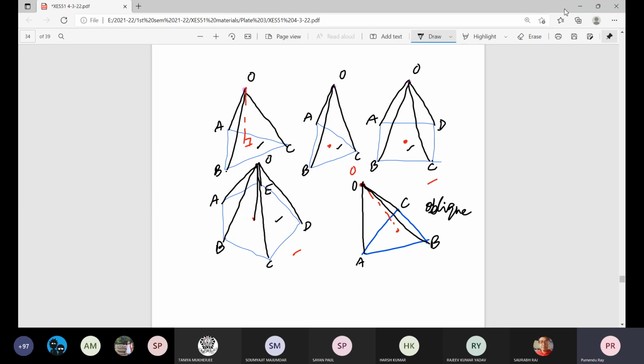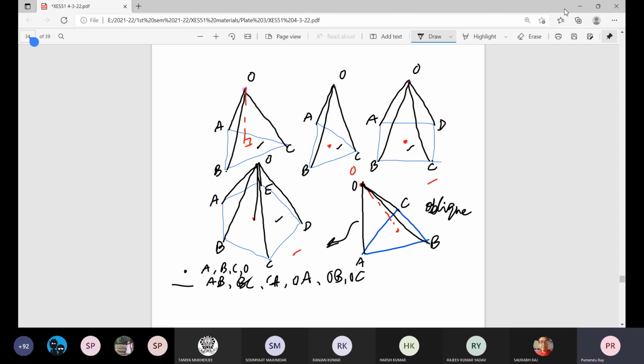Next thing, regarding the boundary of this object, how many points are there? What 4 points, sir? A, B, C, and O. How many lines are there? AB, BC, CA, OA, OB, OC, 6 lines.